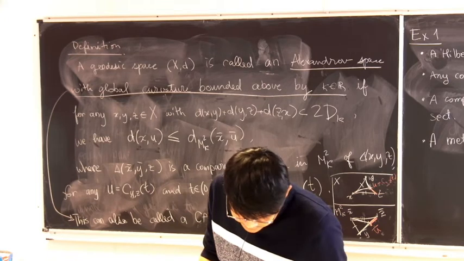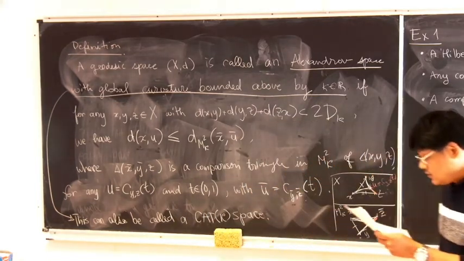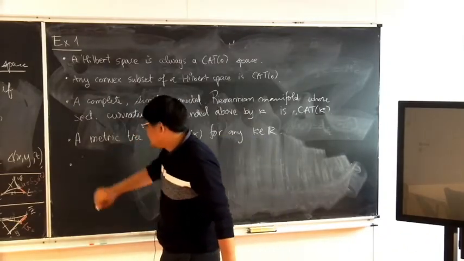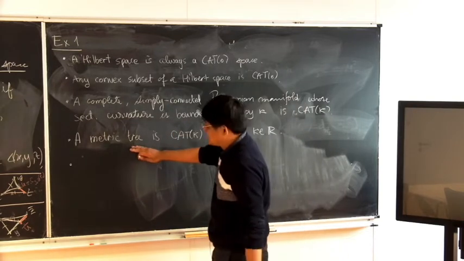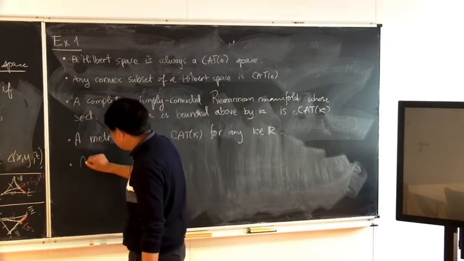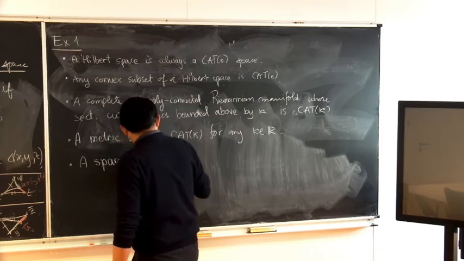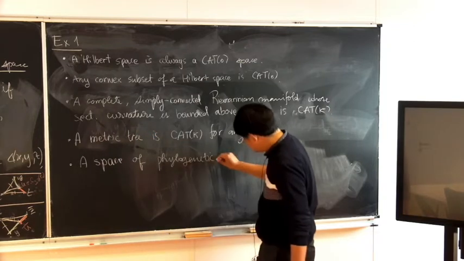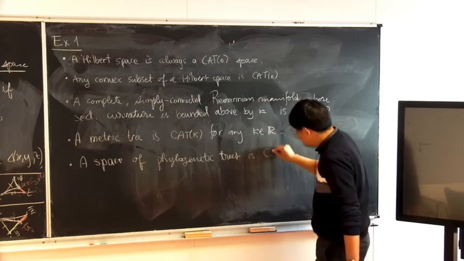Okay, so what are other examples? Let me see. We have another space which is very similar to a metric tree. A metric tree is a space that looks like a tree, but we also have the space of phylogenetic trees, which is also a CAT 0 space.